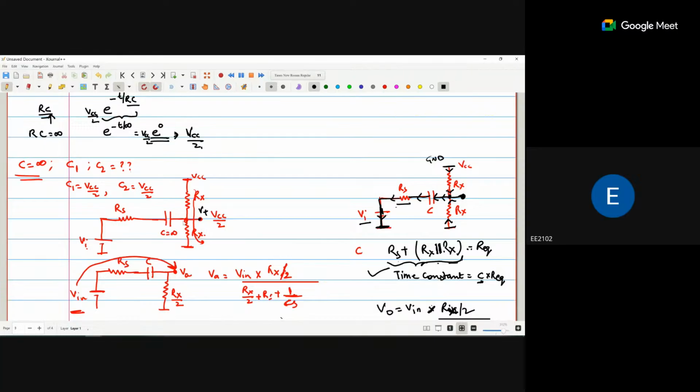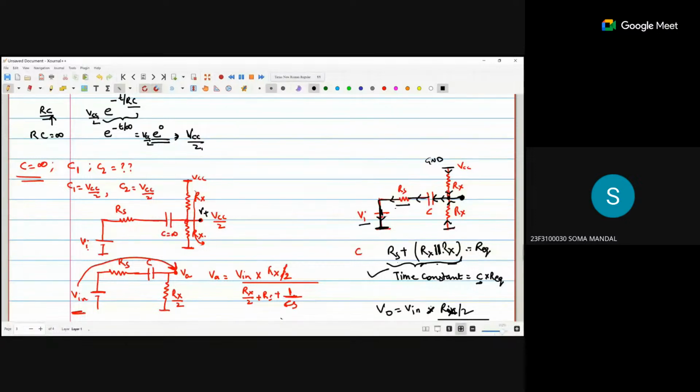So we have a three resistance combination, series parallel combination. That resistance will be used to discharge this capacitor. So the discharging resistance will be different, so the value will be different. Understood? Yes, sir. Understood.